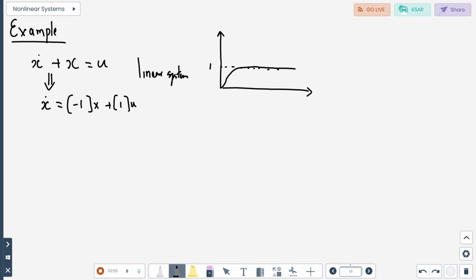In this case, x will be equal to u. That means the state variable x is finally settling at a value depending upon the input of the system.